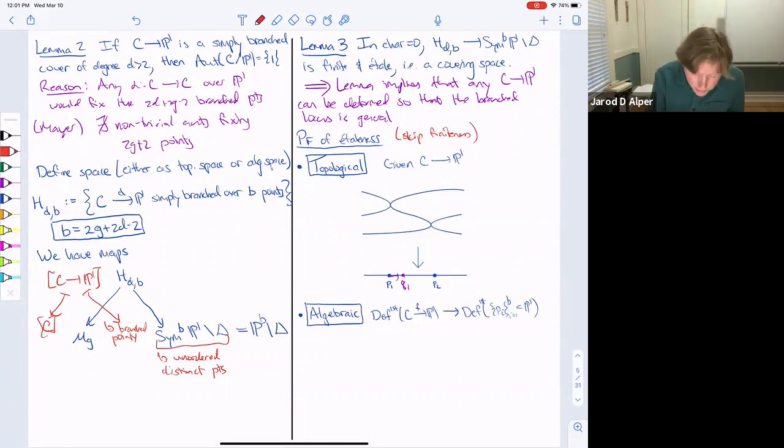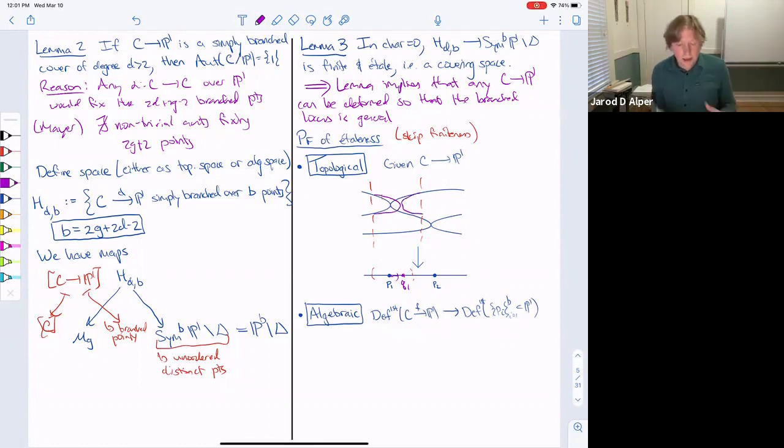And this is all topological, so I can take an open disk around these points, and then looking at an open neighborhood, I can just move this cover to another point.